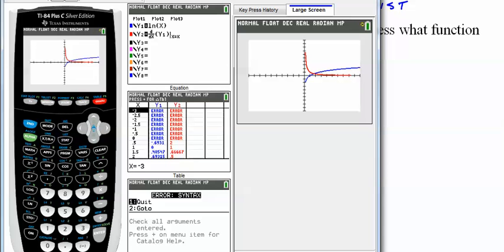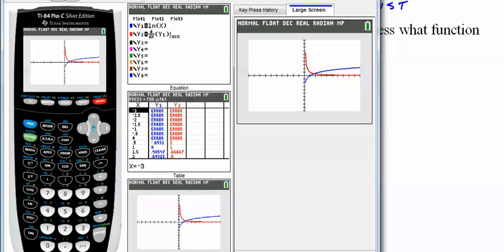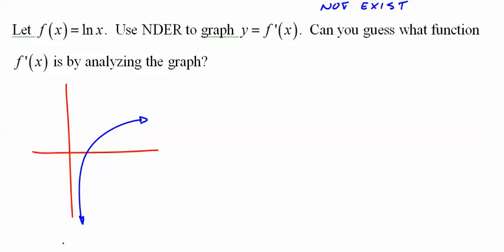And there's our derivative in red. No derivative on the left side because natural log is not defined from 0 and below. So there's our function, here's our derivative.